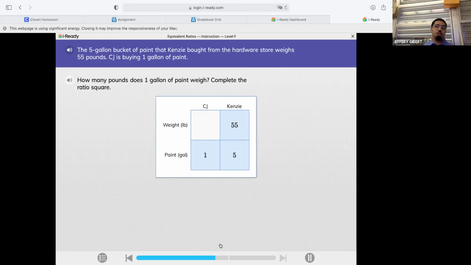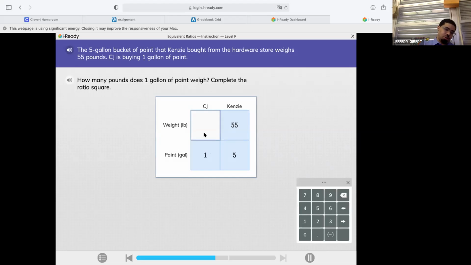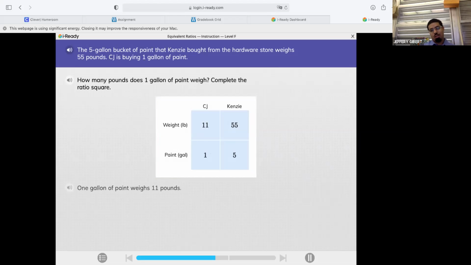What goes in the white box? It's fine if you haven't done it yet. You should be able to just look at it and know how to do this. 1 gallon of paint weighs 11 pounds.